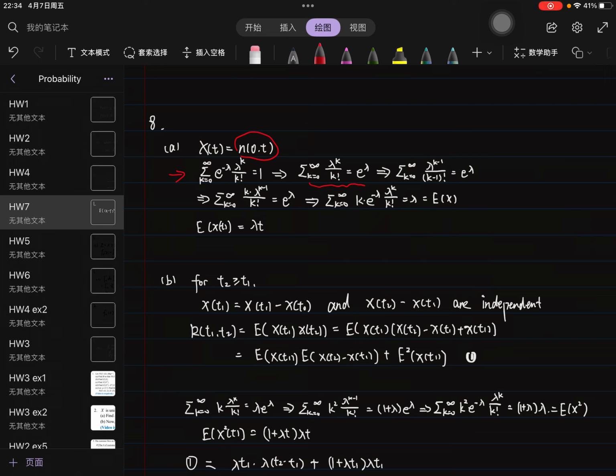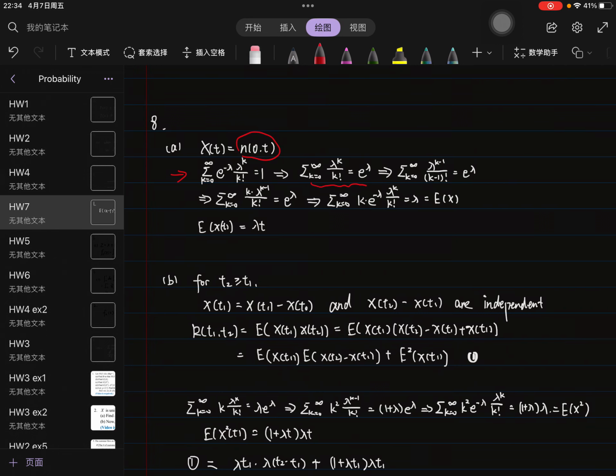Taking the derivative with respect to lambda, there should be k times lambda to the power of k minus 1 over k factorial, and k over k factorial should be 1 over (k minus 1) factorial, right?